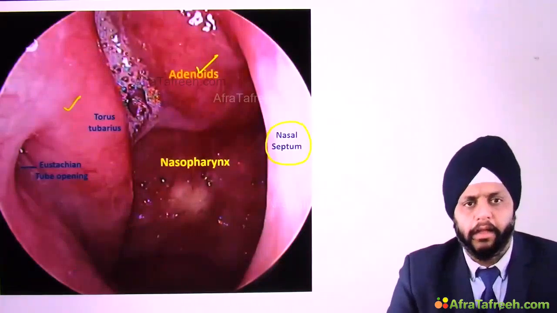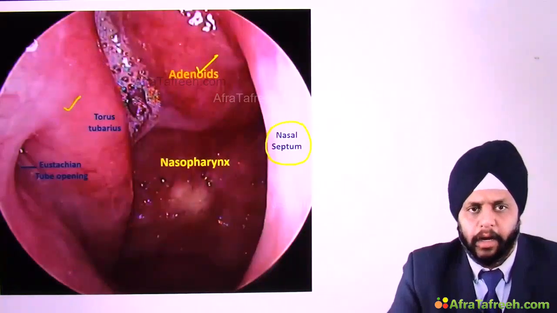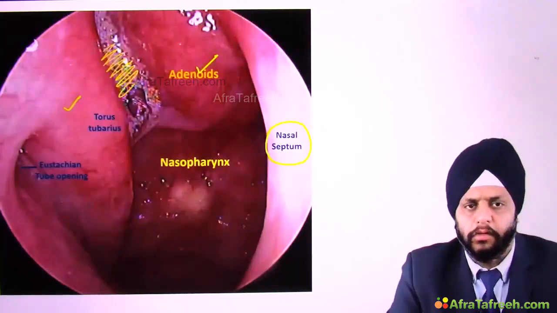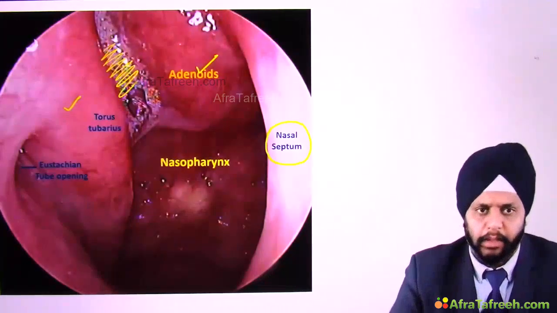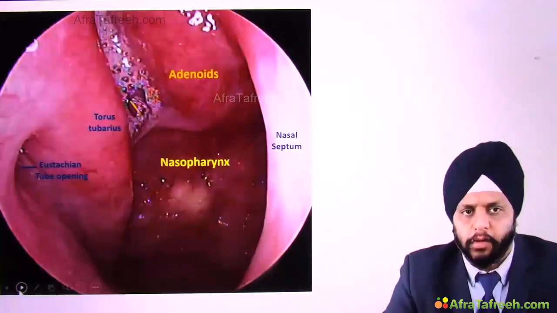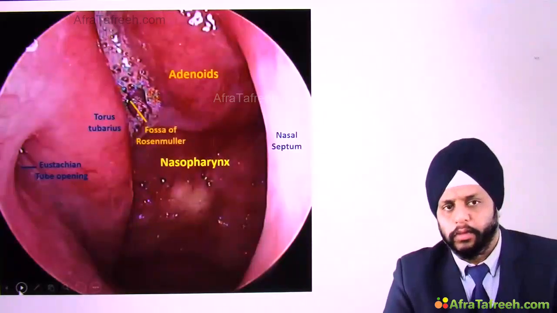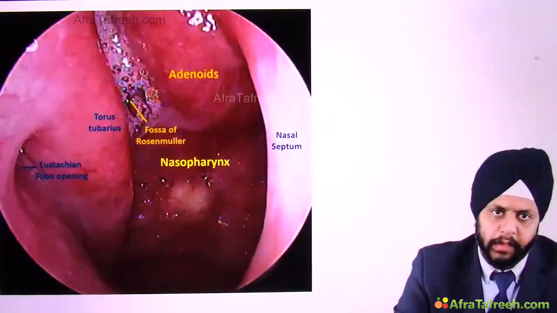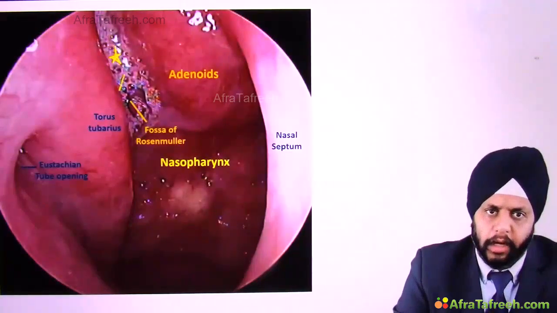We can also see a part which is posterior superior to the eustachian tube opening. See this area. There are some secretions over here, and that is your fossa of Rosenmuller. Remember, that is a very important part. It is asked in the exam.